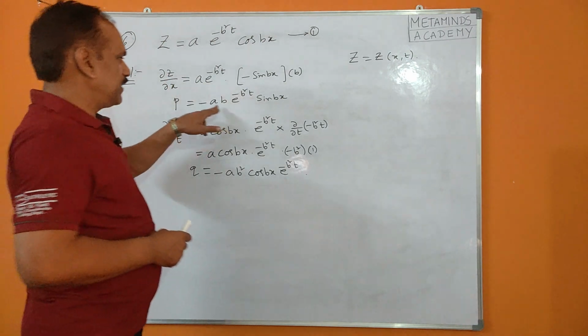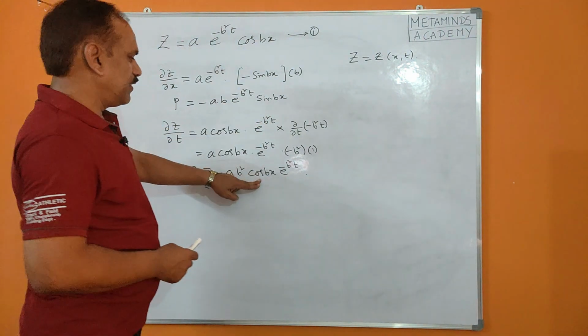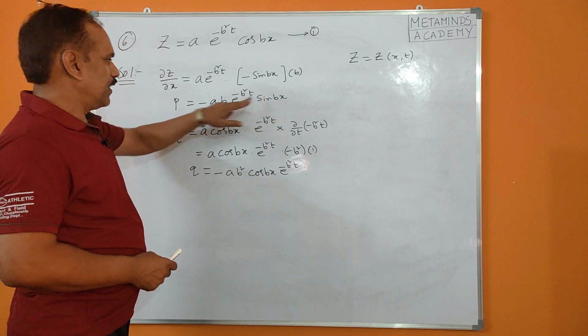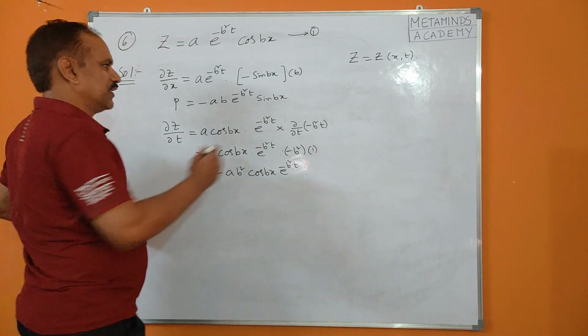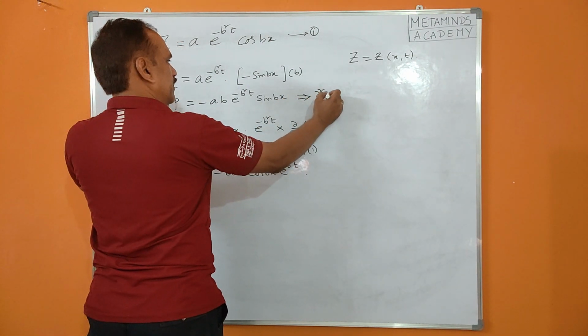If you differentiate this again, what will you get? You will get cos bx. Here you have cos bx, here also you will get cos bx, and one more b will come, so you will get b square also here. So differentiate this again with respect to x.